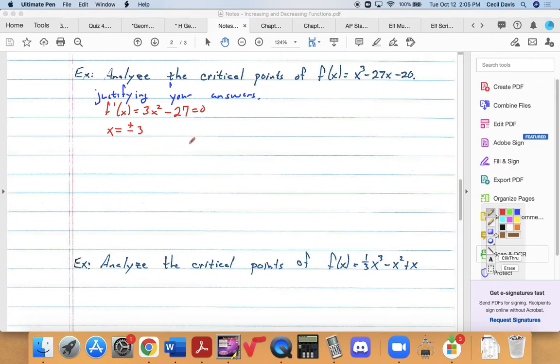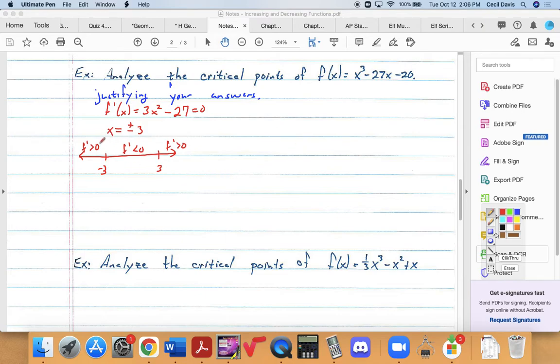Okay, again, although having this by itself is not enough for a justification, having a number line is not a bad idea. Again, this one's not too bad because it's just a simple quadratic. So in here, we know that f prime is going to be less than 0, f prime greater than 0 over here as well.